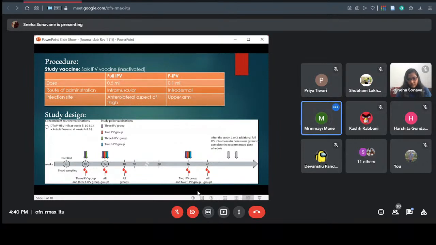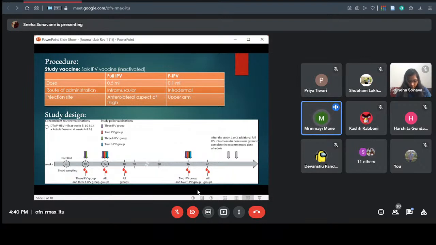For both the 3 dose groups, the vaccination schedule was 10, 14, 36 weeks, which means the first dose was administered at 10th week of age, the second dose was administered at 14th week, and the third dose was administered at 36th week. Similarly, for the 2 dose regimens, the doses were administered at 14th and 36th week of age.